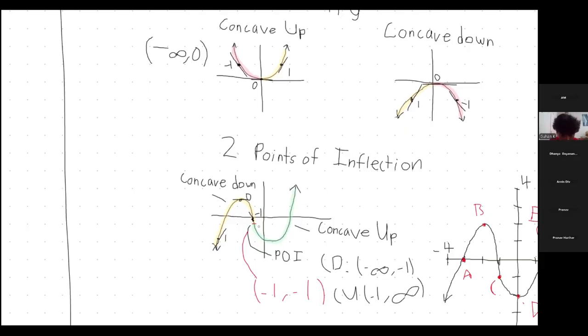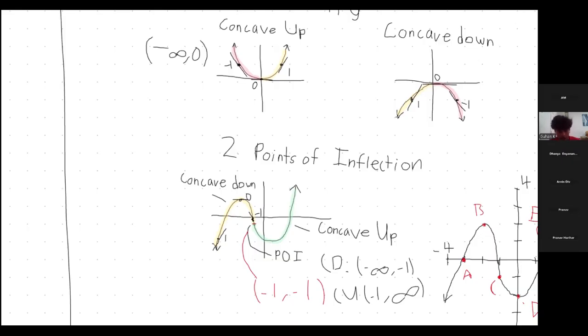Here on this graph, we'll label our point of inflection as -1, -1. When you're being tested on points of inflection, they'll never ask you to find the exact coordinate where it's changing, because it's impossible to determine without calculators and advanced calculus. But it's simple to see that around this point is the point of inflection.